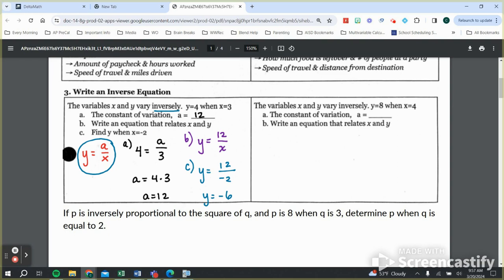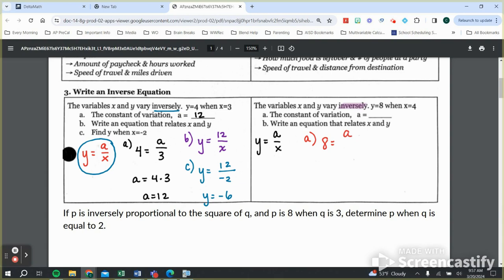The next one again says the variables x and y vary inversely. So again, we're looking at inverse, so we're looking at y equals a over x. They tell us that y is equal to 8 when x equals 4. We got to figure out a first. So for a, we know that y is equal to 8.